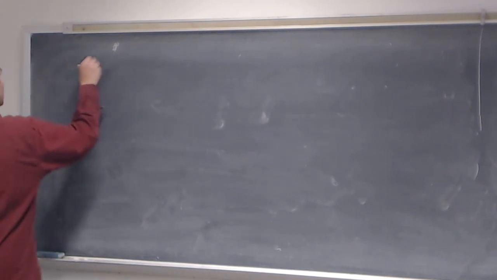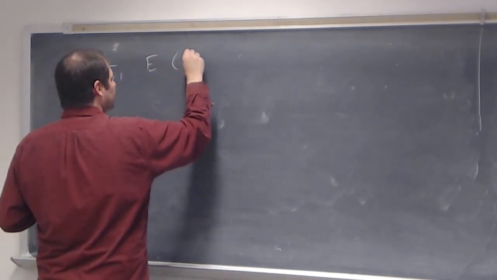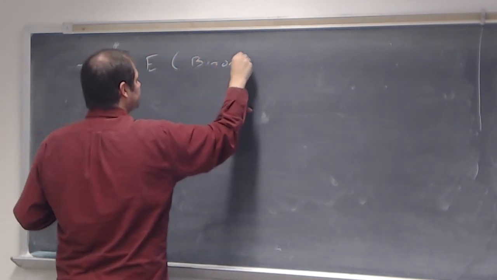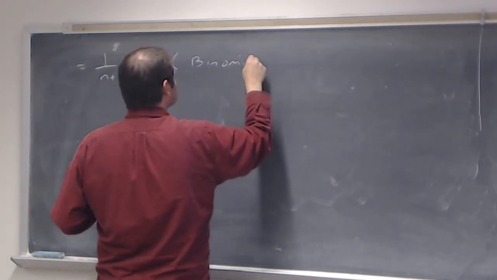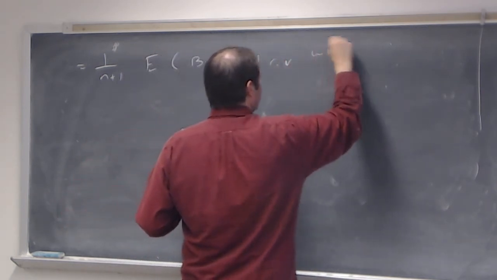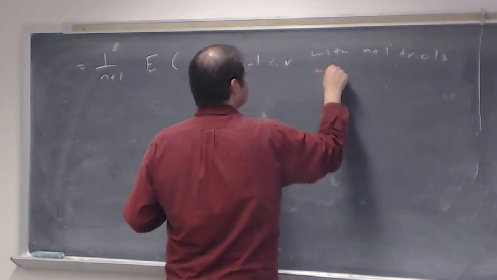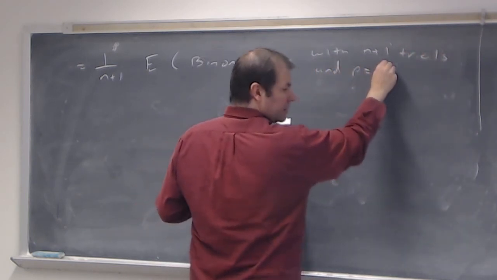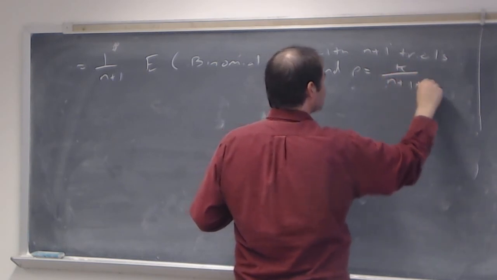This is equal to 1 over n plus 1 times the expected value of a binomial random variable with n plus 1 trials and p equal to k over n plus 1 plus k.